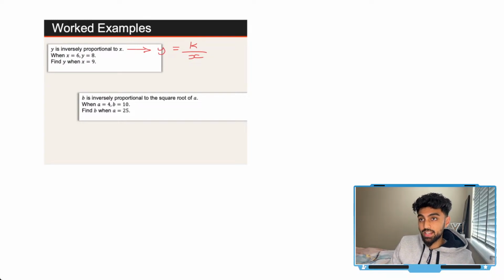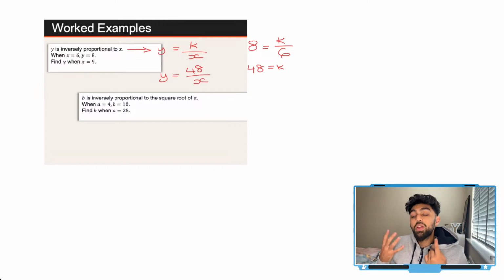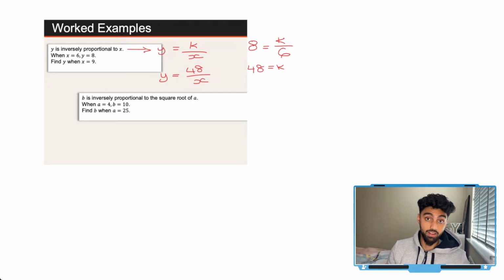When x is equal to 6, y is equal to 8, so we have 8 is equal to k over 6. Rearrange this to find k. Obviously, k here would be 48. So our equation becomes y is equal to 48 over x, which means if you have your value of x, all you need to do is divide 48 by that value of x, and then you have the corresponding value of y.